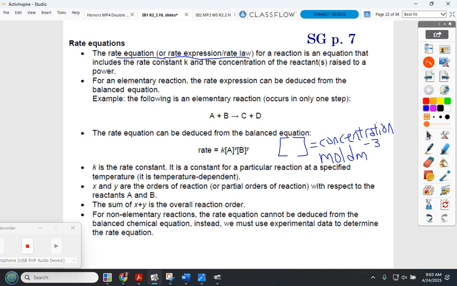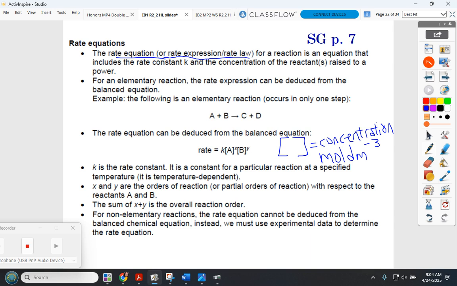We're not going to go beyond that. And those are what we call orders of reaction. The order of reaction has to do with the relative effect of the concentration of that reactant on the overall rate of the reaction. When we add those two exponents together, that gives us the overall order of the reaction.